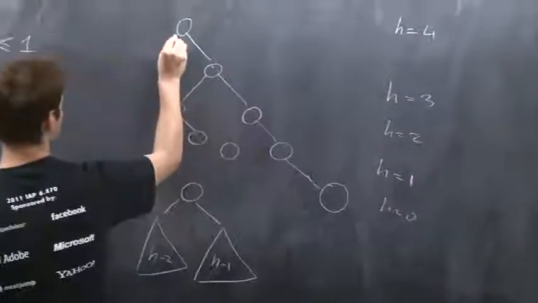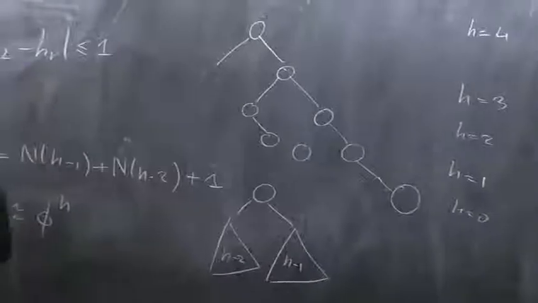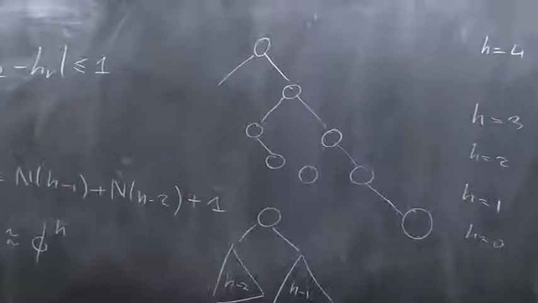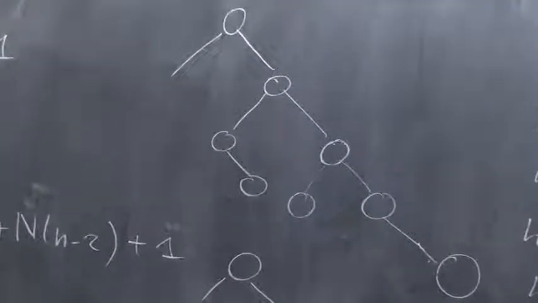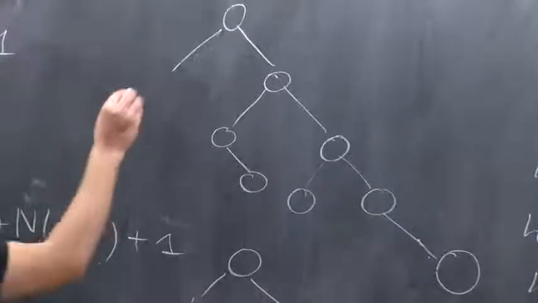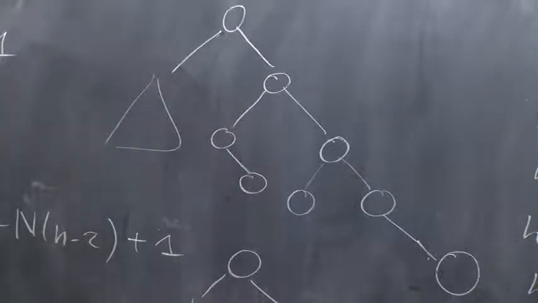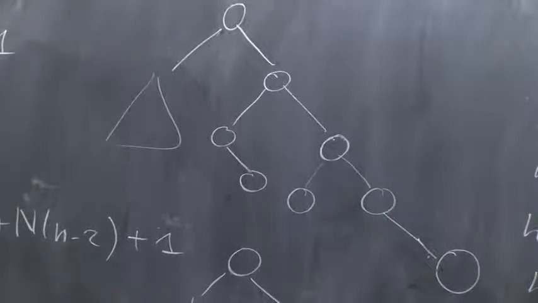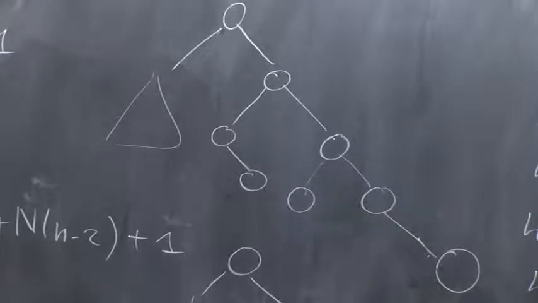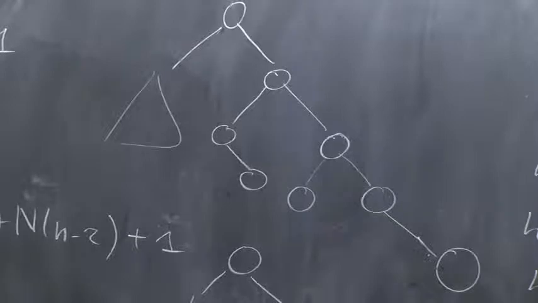Now for my left side, what am I going to use here? Another AVL tree that has as few nodes as possible, right? So I'm definitely keeping that. But what's going to be the height of that? We want the difference to be less than or equal to 1. Yeah, otherwise it's not an AVL tree.